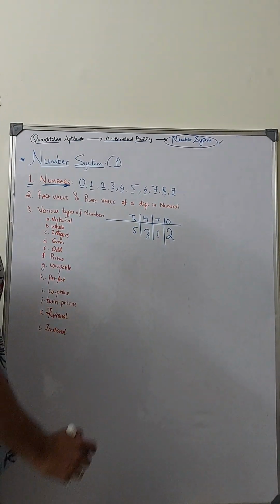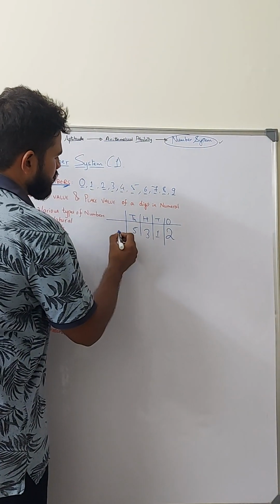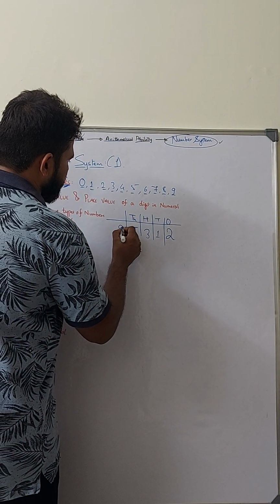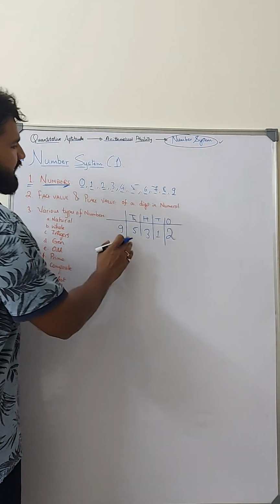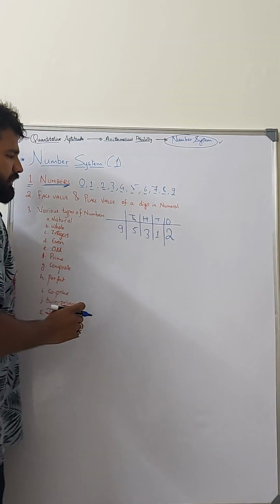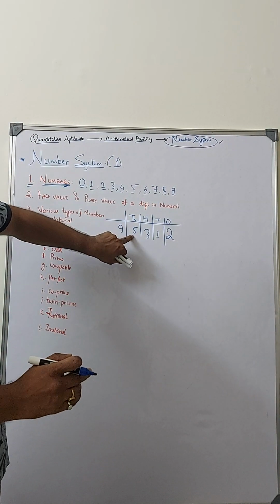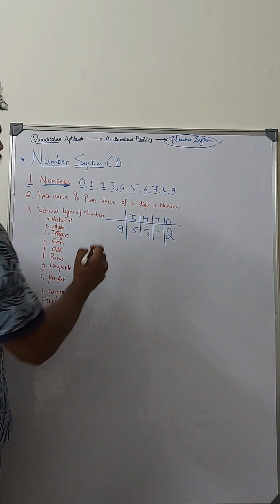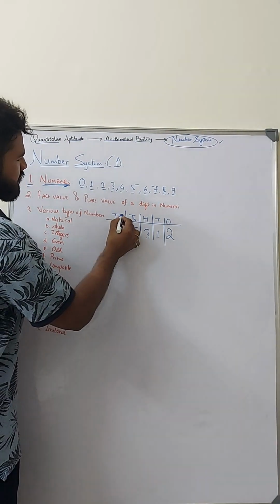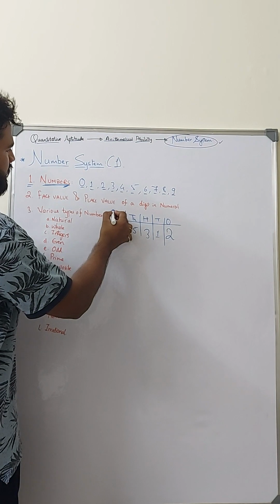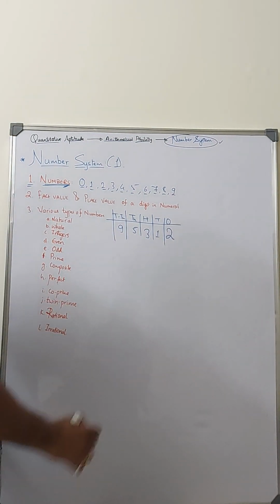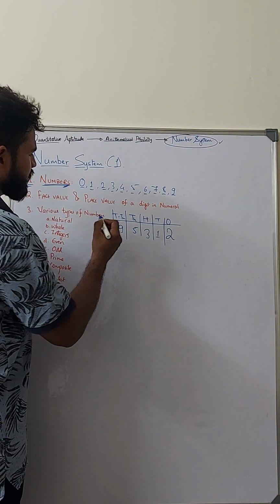Then let's go ahead with 95,000, thousand, ten thousand.